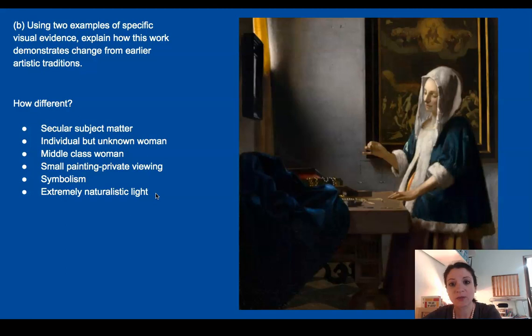In the Renaissance, we often saw very even lighting across the whole canvas. But here we have these very subtle tones of shadow as they move into light. And that is extremely naturalistic and something that Vermeer particularly was quite good at.